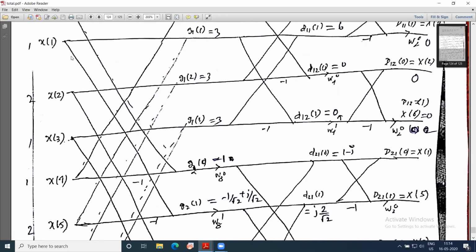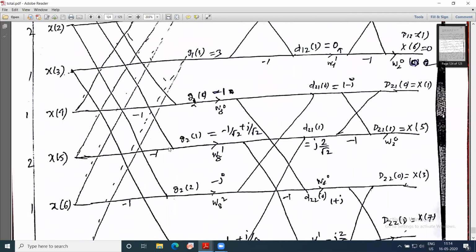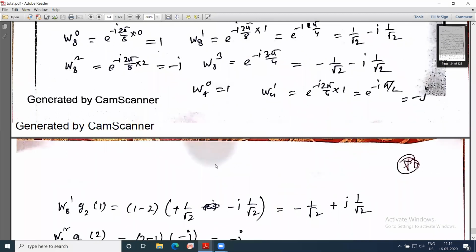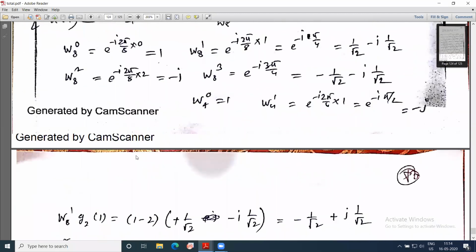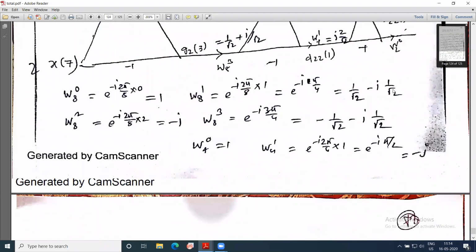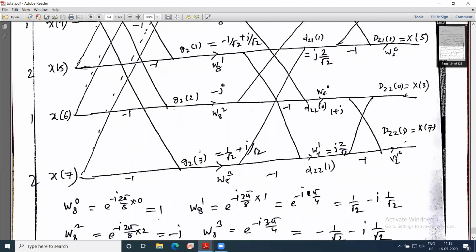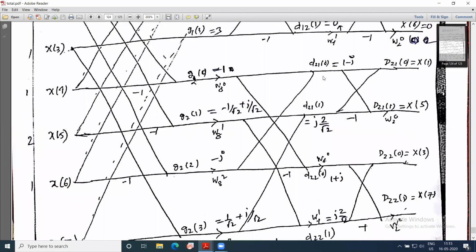This is coming 1, this is 1, and this is 2. So 1 minus 2 is minus 1. And W81, how much is W81? E power minus j pi by 4, so 1 by root 2 minus j 1 by root 2. So if I multiply by minus 1, it becomes minus 1 by root 2 plus j 1 by root 2. All right.